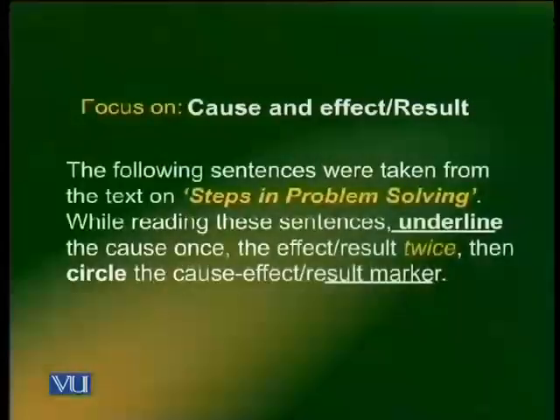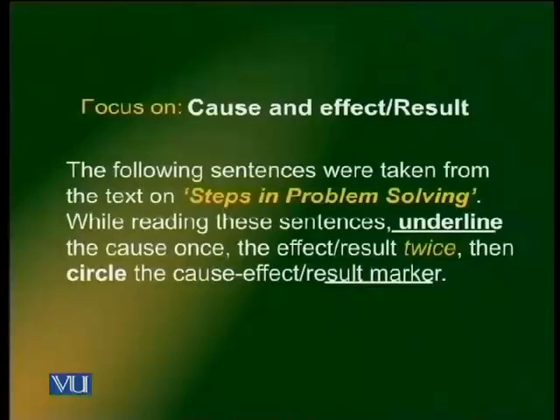Right? Now, having done the usual exercises, we will look at how in English cause and effect or cause and result are shown. Now, you will find a number of sentences which have been taken from the text that you've just read, steps in problem solving.